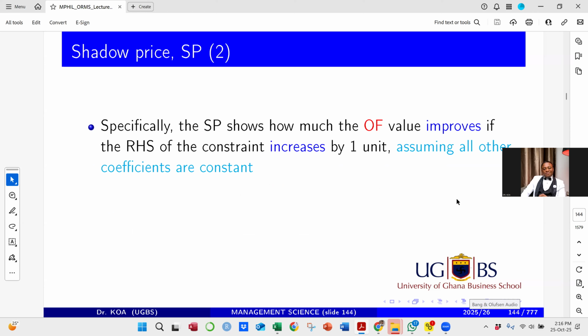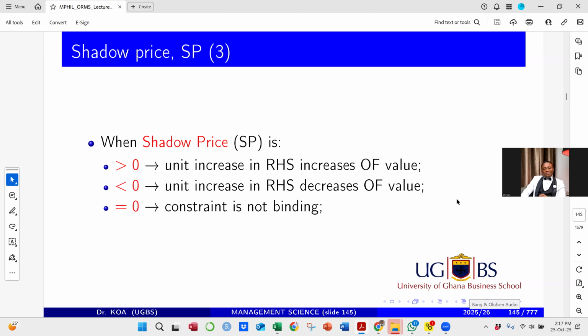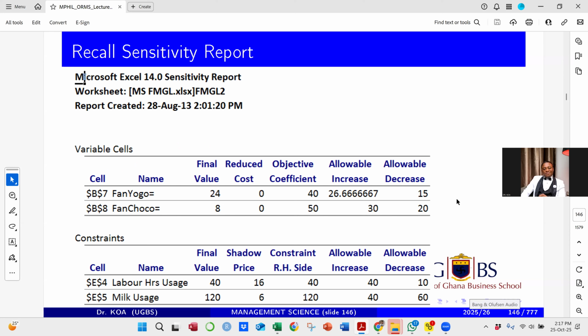So take note. Please know that the shadow price can be positive or negative or zero. If it is zero, of course, it means that the constraint is not binding. It means that something is bigger, the right-hand side or the left-hand side, one of them is bigger.